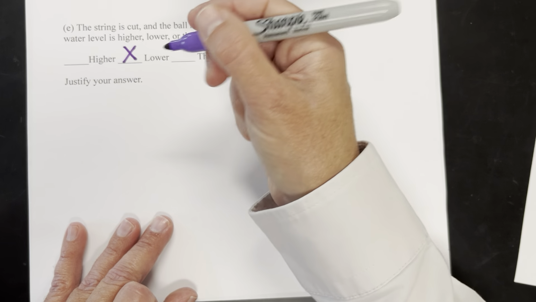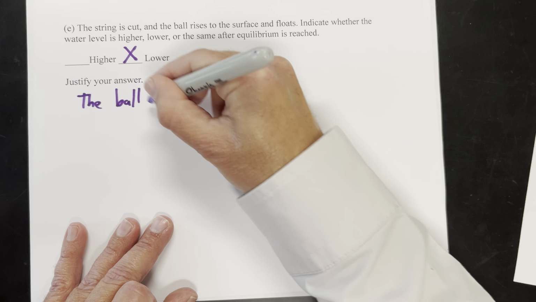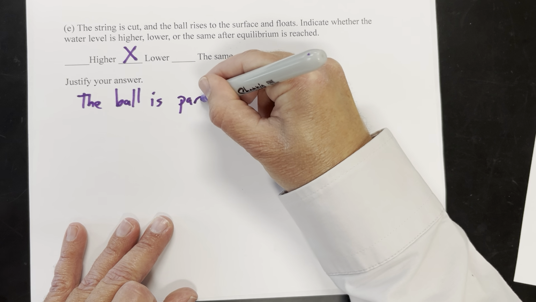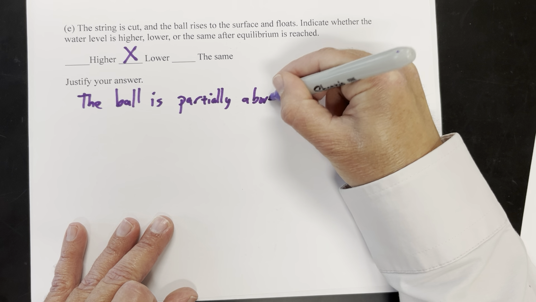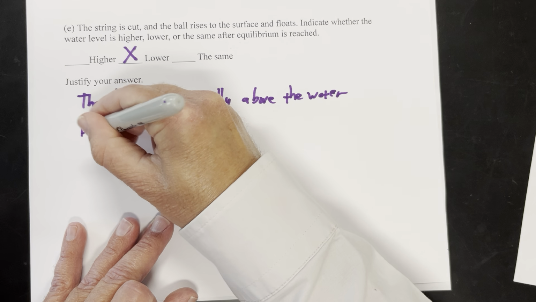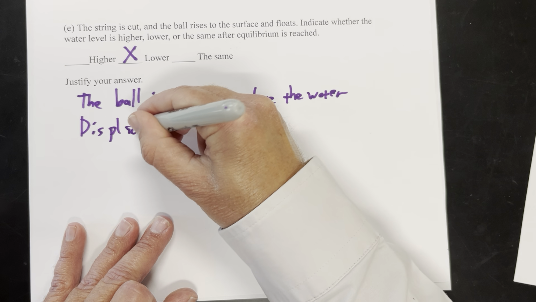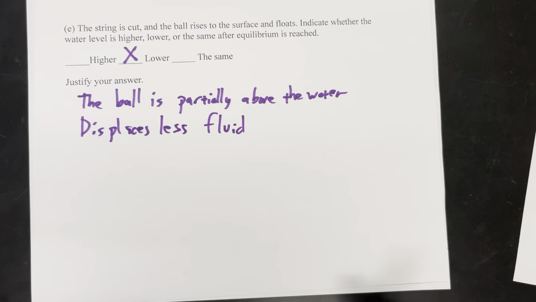There are two ways to think about it. The ball is at least partially above the water because it's floating, and that means it displaces less fluid. That's the easiest way to think about it.